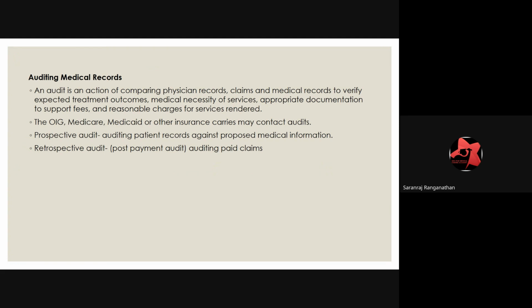To avoid those, they do the audit, and in that they will find out everything. The OIG, Medicare, Medicaid, and other insurance carriers conduct audits. Then prospective audit, auditing patient records against the proposed medical information. Then retrospective audit means post-payment audit, auditing paid claims.